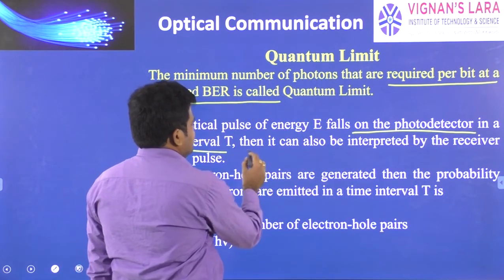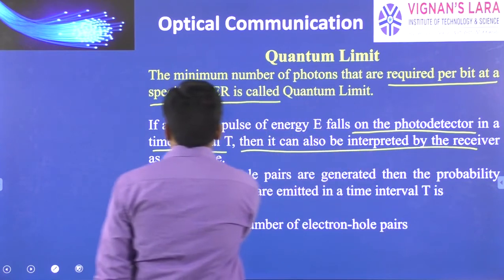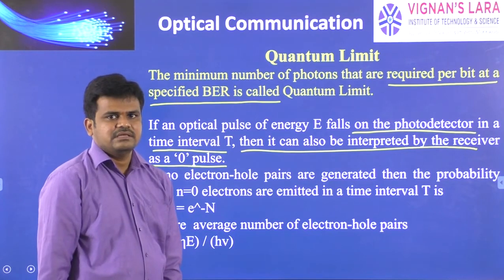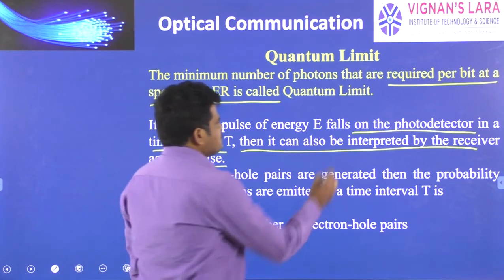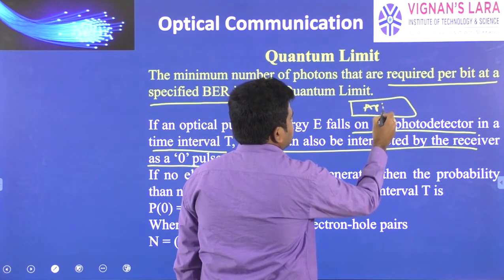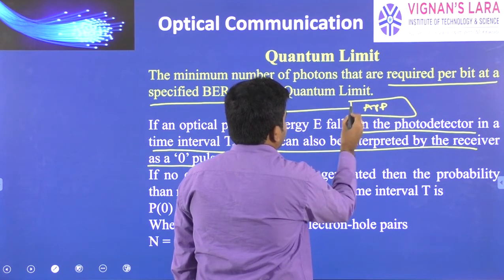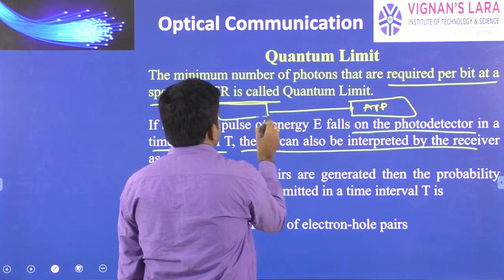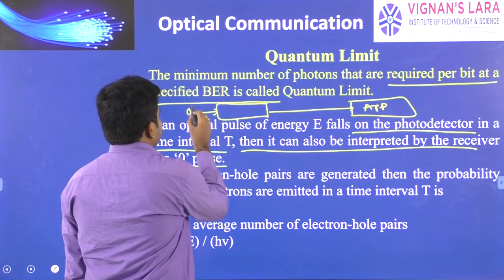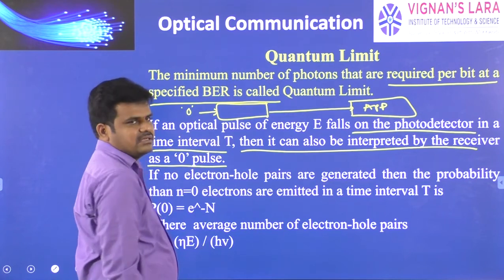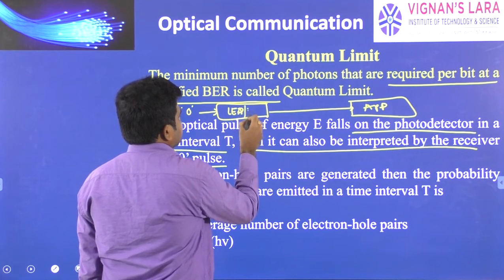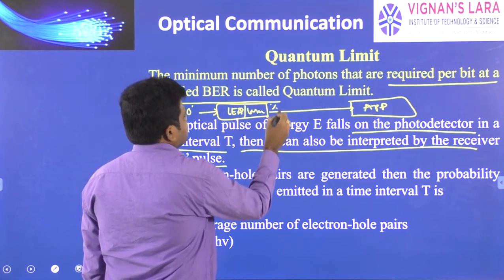If an optical pulse of energy E falls on a photodetector in a time interval t, it can also be interpreted by the receiver as a zero pulse. Yes or no? Say this is the optical detector, say APD. From the transmitter, we have transmitted a 0 bit. For a 0 bit, if it is an LED or laser, it will not emit any light.